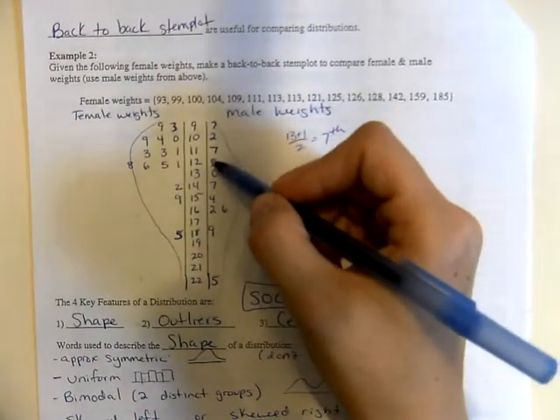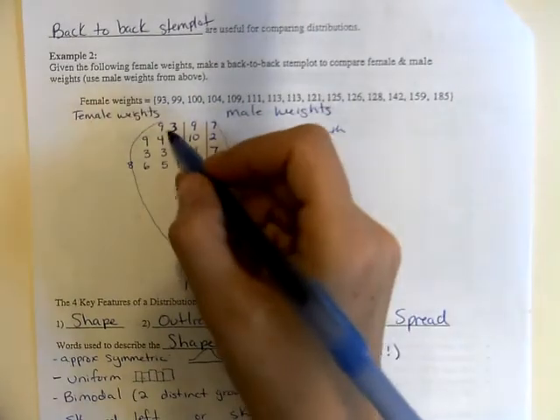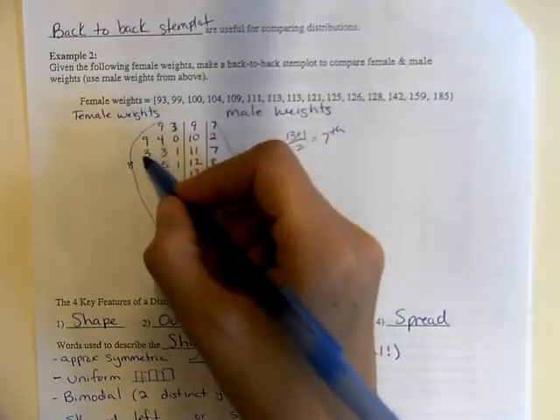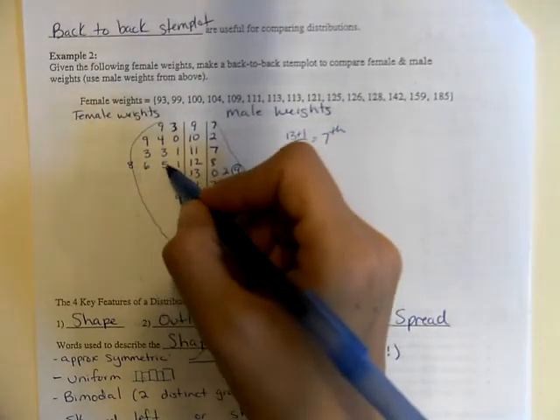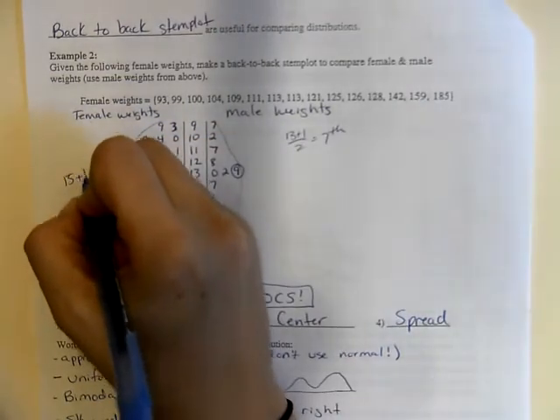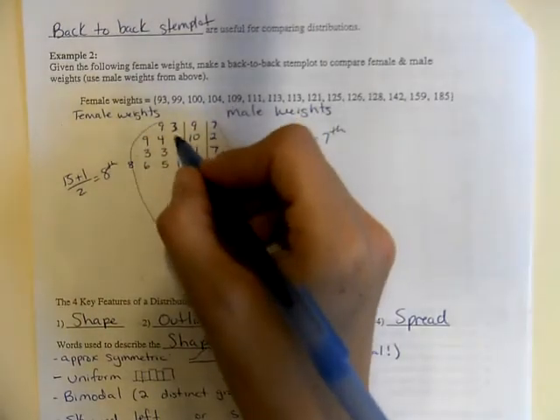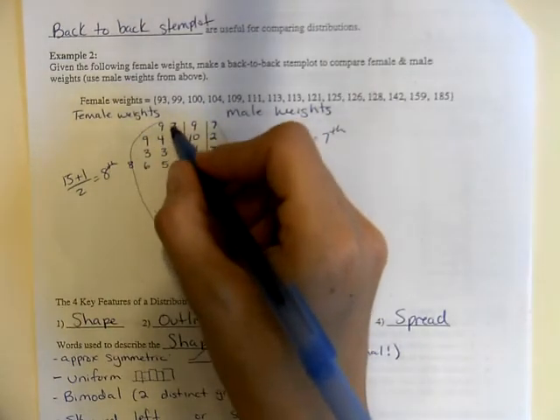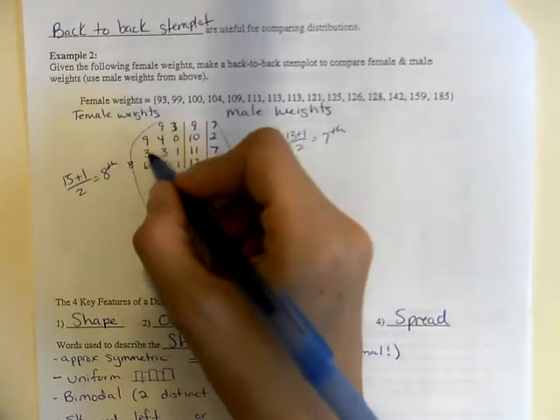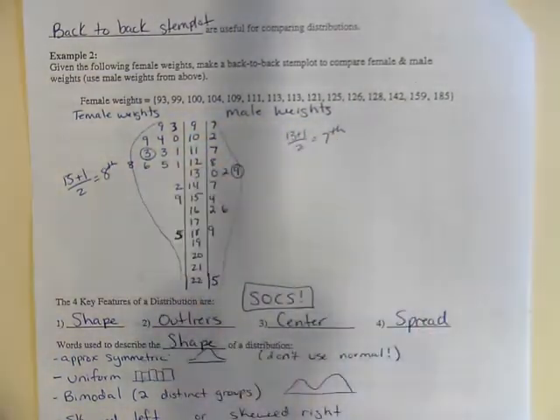For the ladies, there's 15 numbers. So 15 plus 1 divided by 2 is 8. So I want the 8th number. So it's 113. So 139 and 113.